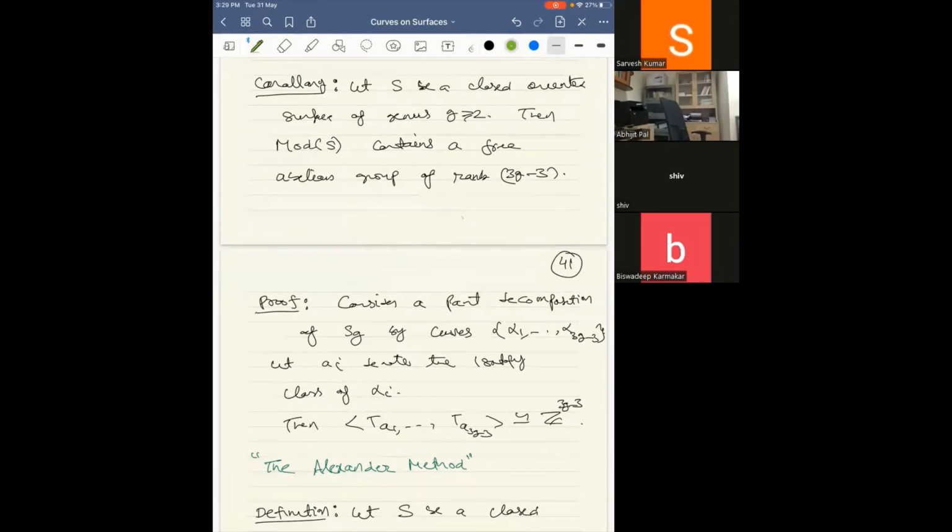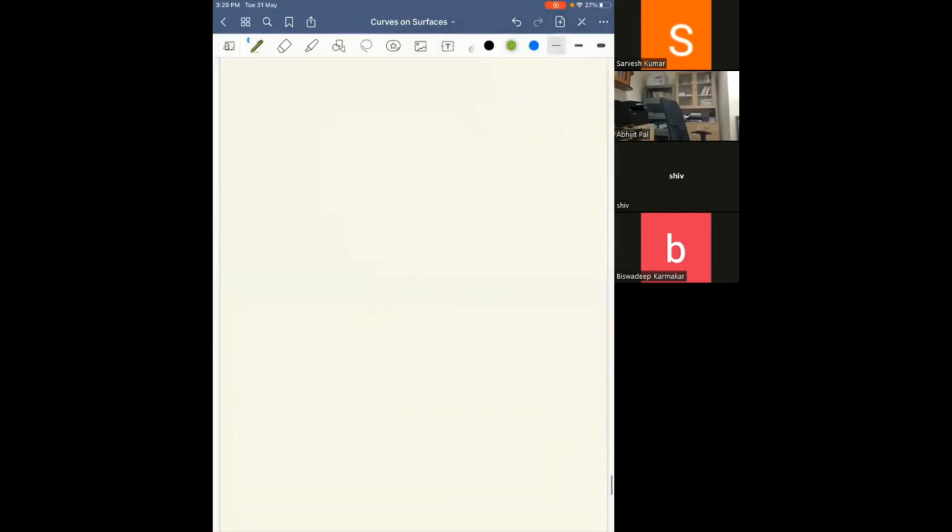Okay, so maybe let me draw a picture. For example, you look at a surface of, let's say, genus 2, so let's say S_2. Here you can get these curves gamma 1, gamma 2, gamma 3.